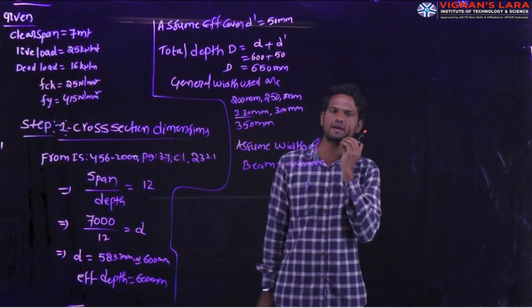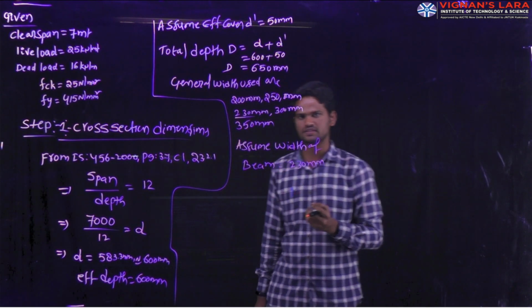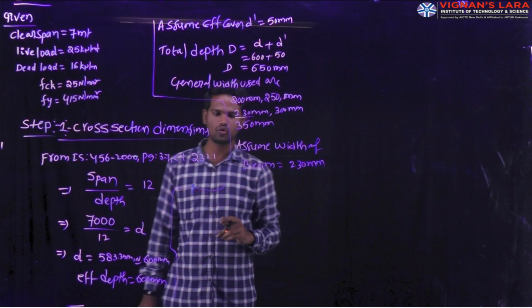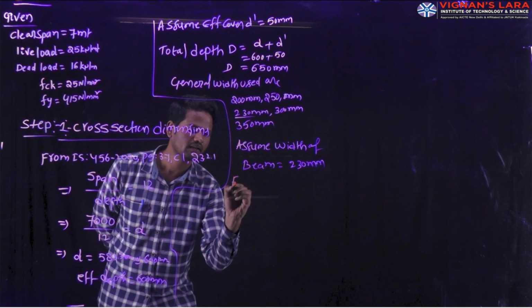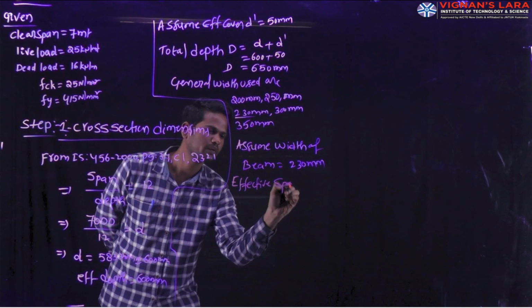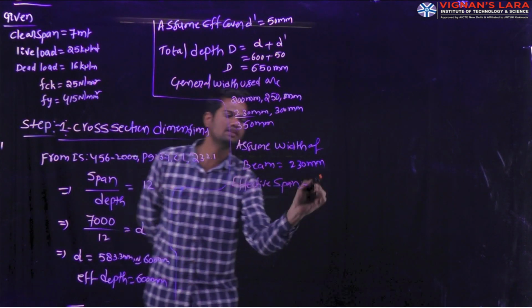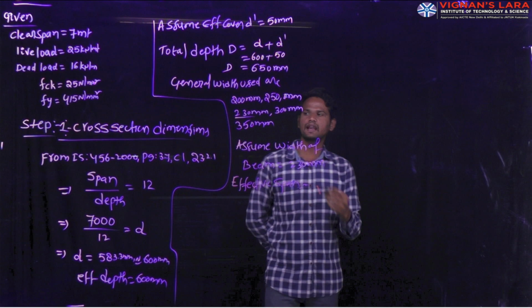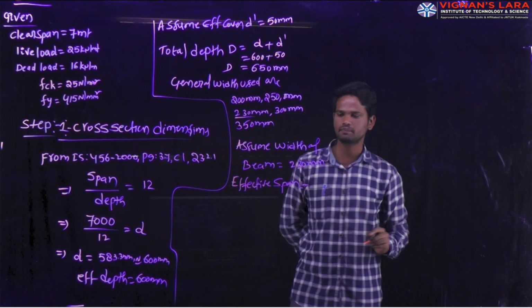Again, the effective span we are taking from the IS 456 2000 code book. I am writing here effective span. You can write this as a step number, or directly calculate in step 1.